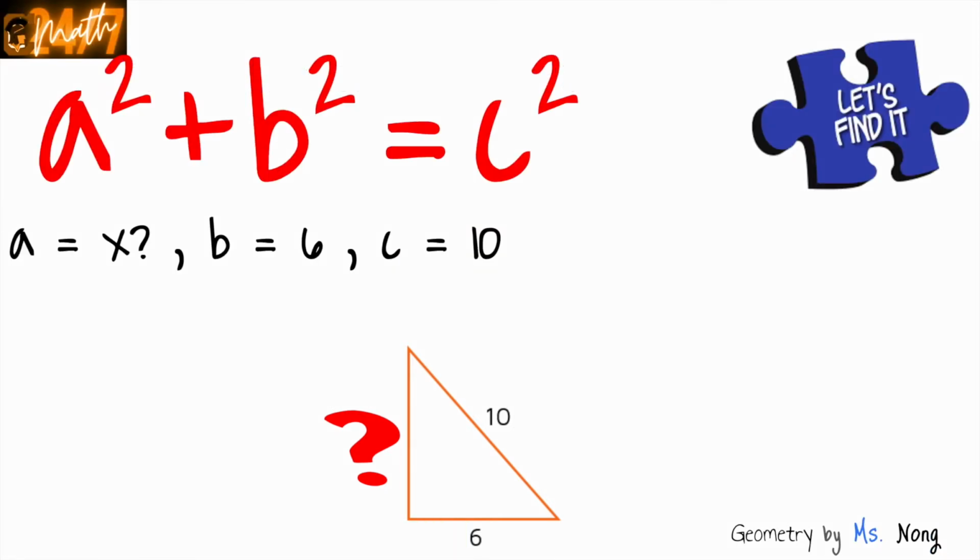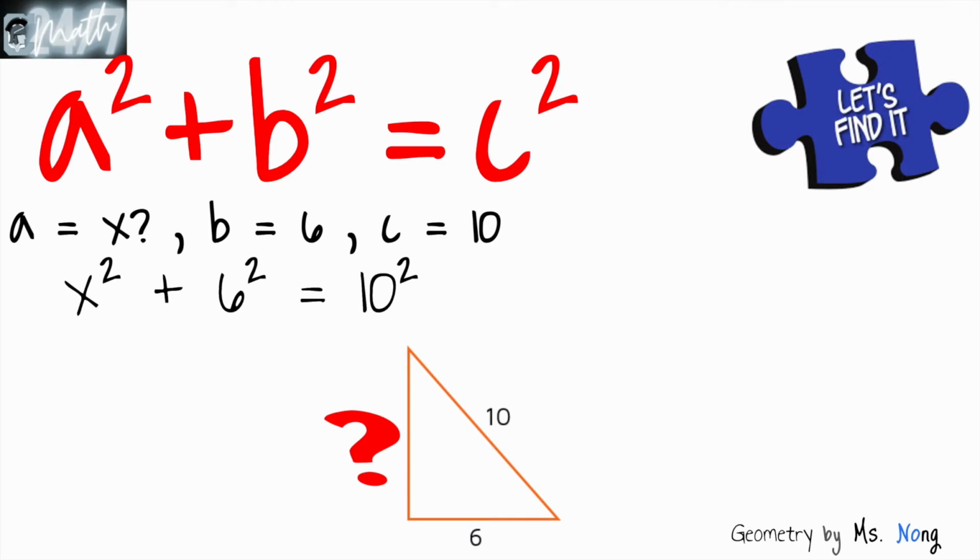Call it x for the missing number. B is one of the legs, and the letter B here, I could switch it for the letter A, is one of the legs. It doesn't matter which leg, A or B. And C is the one that we must put in correctly. To substitute the numbers we have for a, b, c, we have x squared plus 6 squared equals 10 squared.